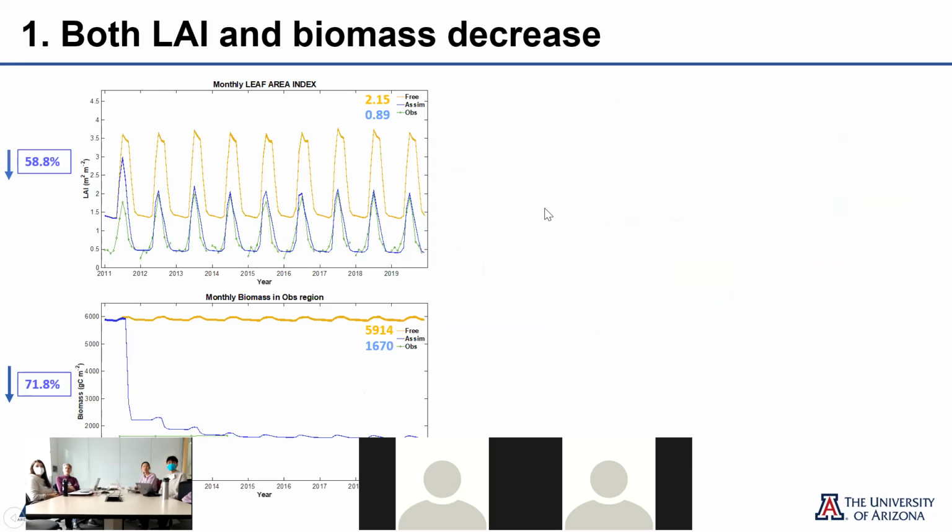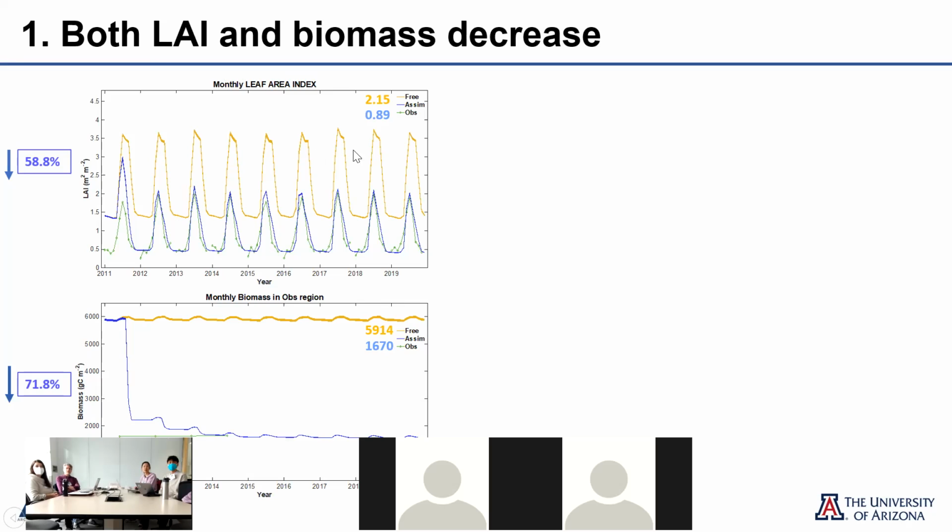After we assimilate leaf area index and above ground biomass observations into CLM, the first thing we found is that both of these variables decrease. Here you can see the time series of leaf area index and above ground biomass.